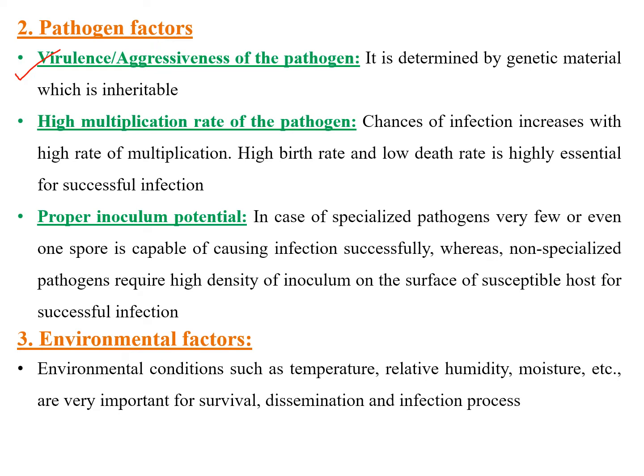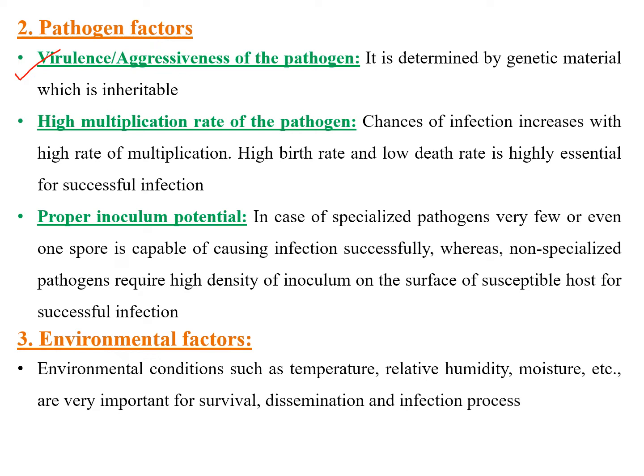In the case of non-specialized pathogens like Pythium, Phytophthora, Rhizoctonia, a high density of inoculum is required on the surface of a susceptible host for creating the successful infection. These three belong to the pathogen factors: virulence or aggressiveness of the pathogen, high multiplication rate of the pathogen, and proper inoculum potential.